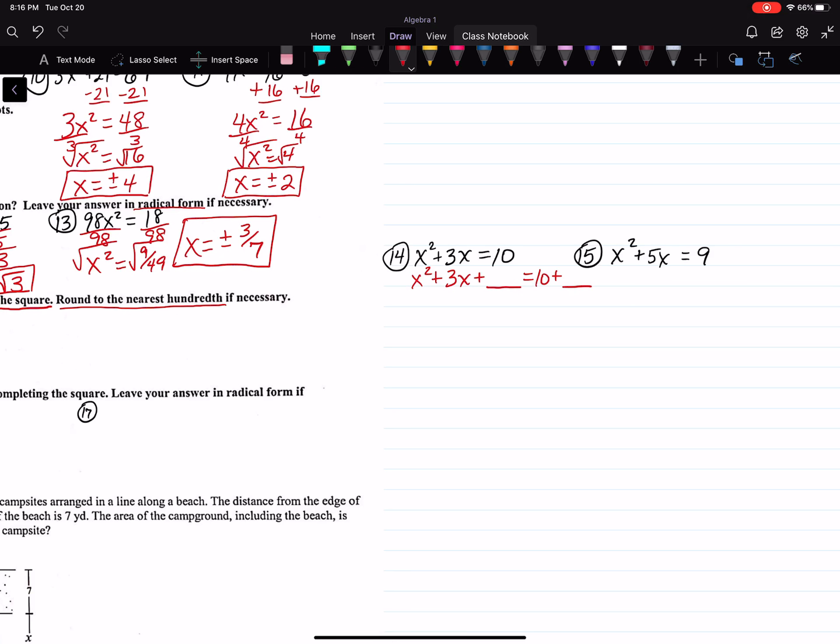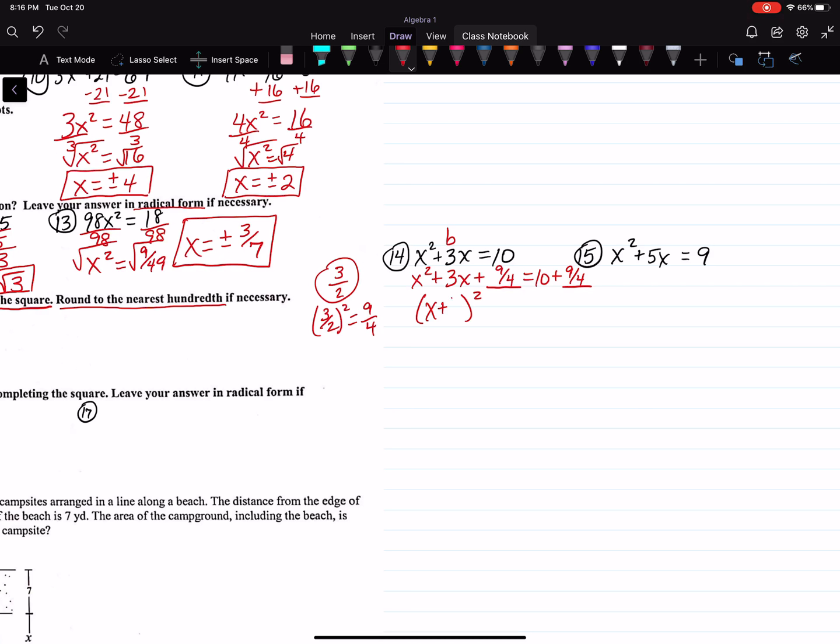All right, whatever you add to one side, you have to add to the other side. So to complete the square, we take b. b in this case is 3, and you divide it by 2, and then you square that. So 3 over 2 squared is 9 over 4. That is what we're going to add to both sides, 9 over 4. Okay, that will be x, and it's whatever you got when you divided the b by 2.